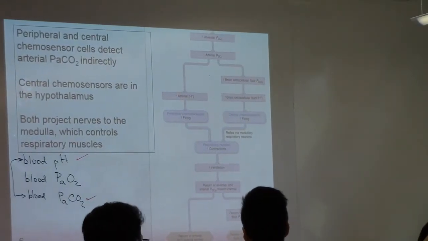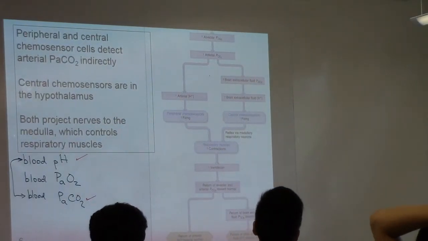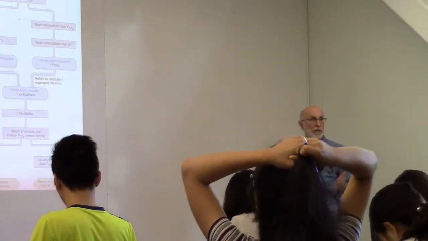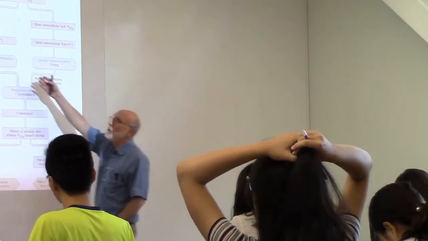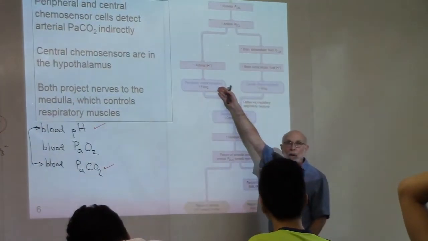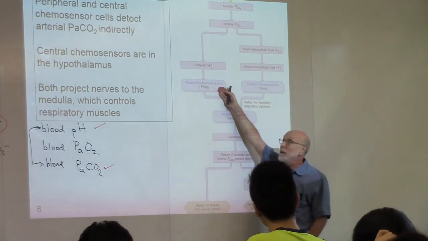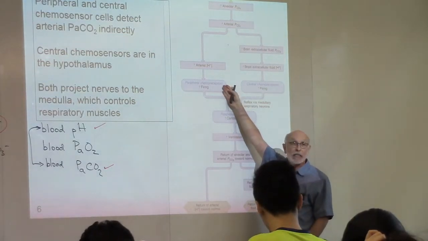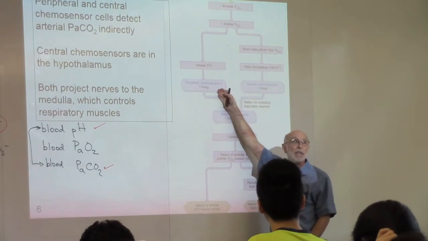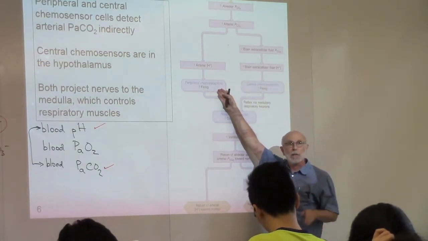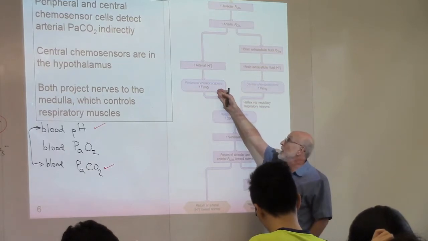That's respiratory acidosis. And there are peripheral chemosensors in the aortic arch and the carotid bodies that detect this acid and increase the frequency of firing of action potentials. We'll get to the mechanism of that in just a few seconds.